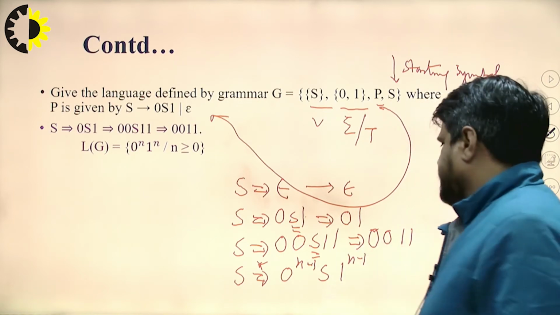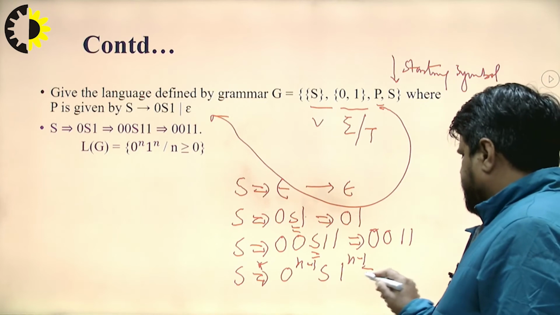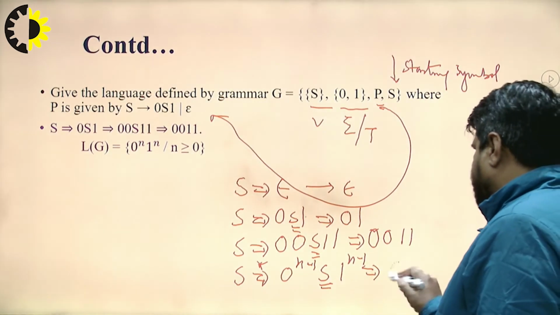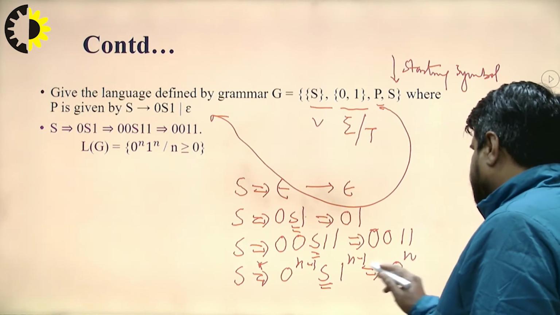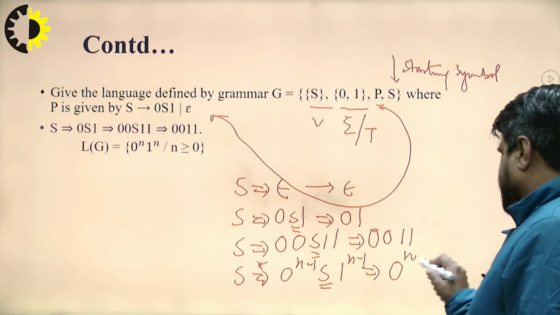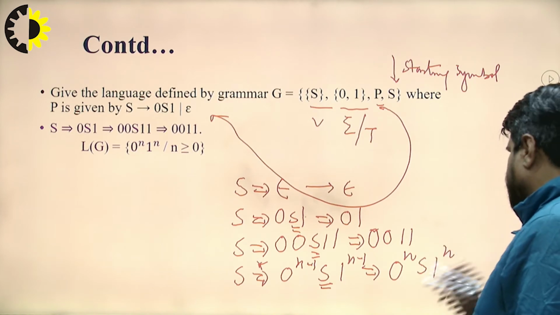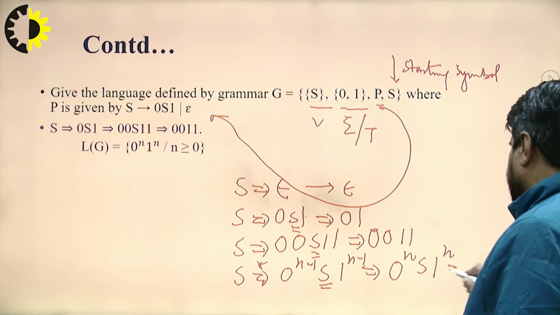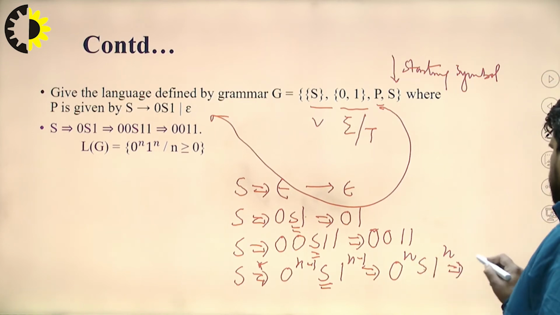Once again, you apply S is replaced by 0 S 1, so you get 0. If the nth step is carried out, then you will get 0 power n, S, 1 power n. After that, S gets replaced by epsilon, then you will get the string of terminals: 0 power n and 1 power n.